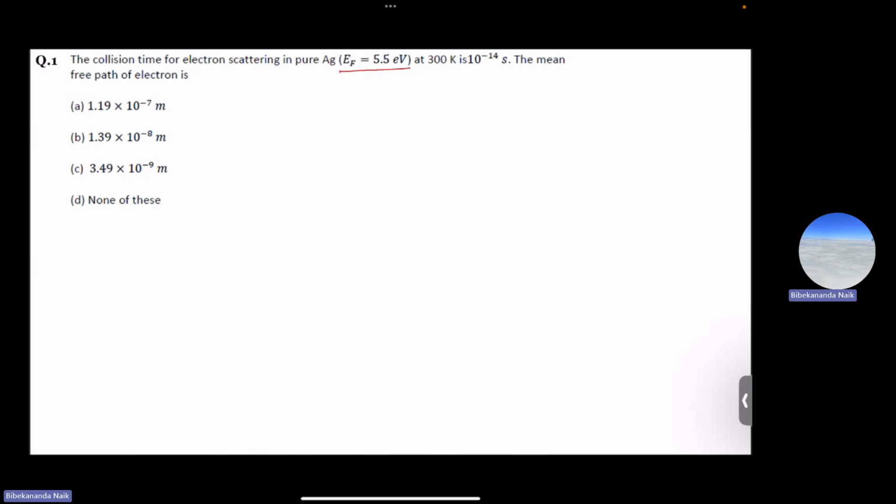So the question says we need to find the mean free path, that is lambda.